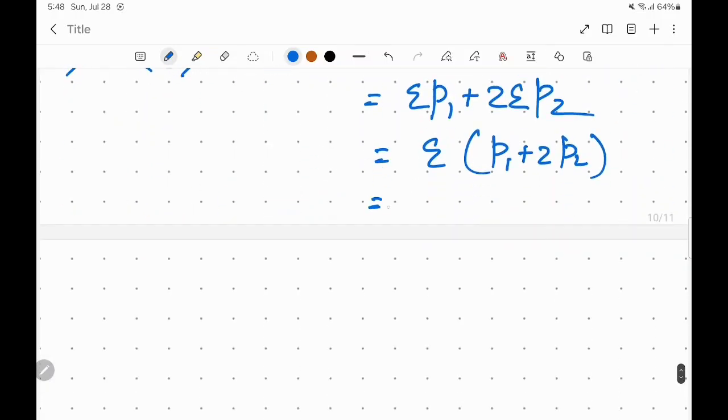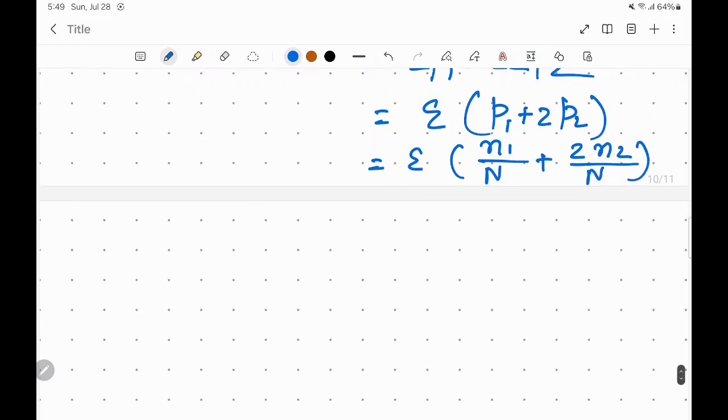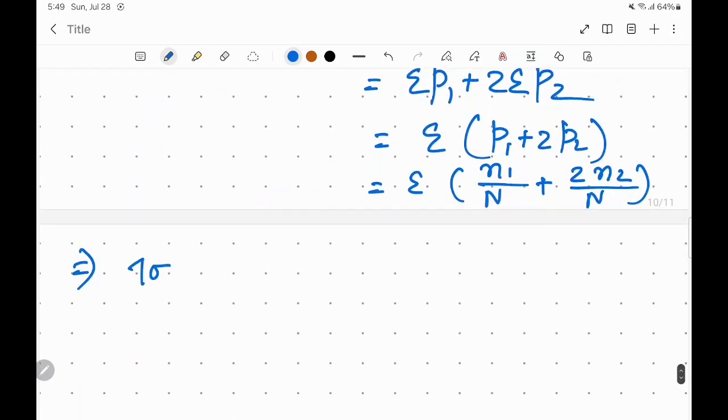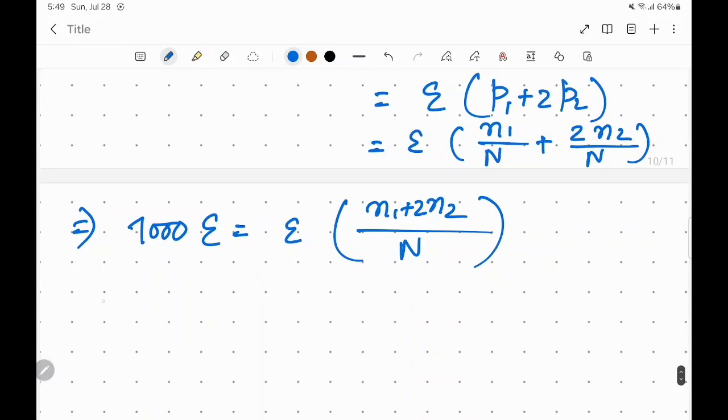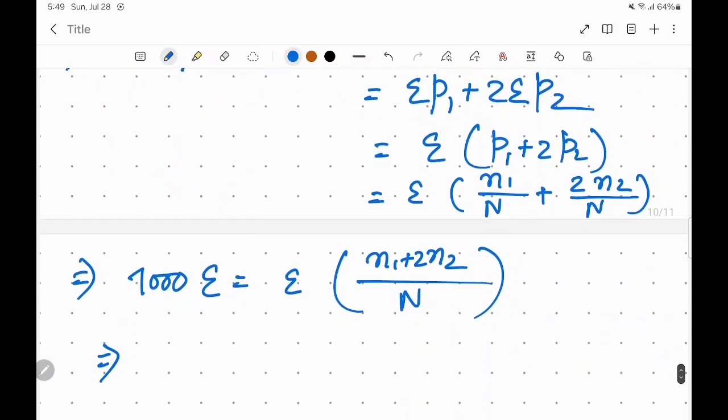Now what are P1 and P2? This is N1 by capital N, and this is 2N2 by capital N. We have to find out the N. So 1000 epsilon is essentially epsilon into N1 plus 2N2 divided by capital N. Epsilon will not be there.